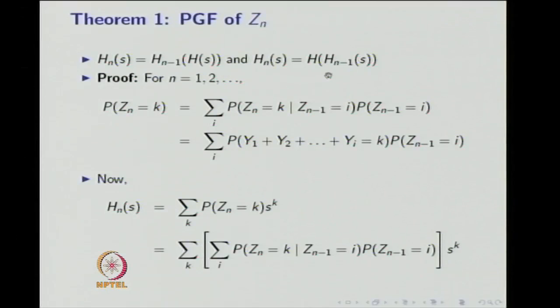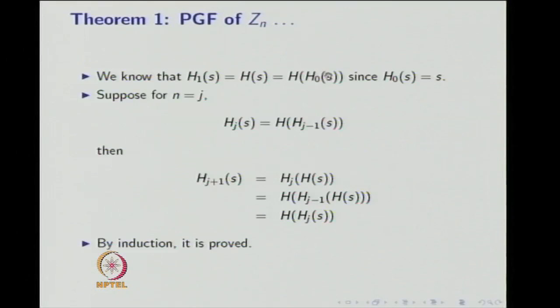Now, we are going to prove the second part. We know that h1 of s is h of s, that is same as h of h0 of s, because h0 of s is nothing but s. Suppose this is true for n is equal to j, that means hj of s is h of hj minus 1 of s.